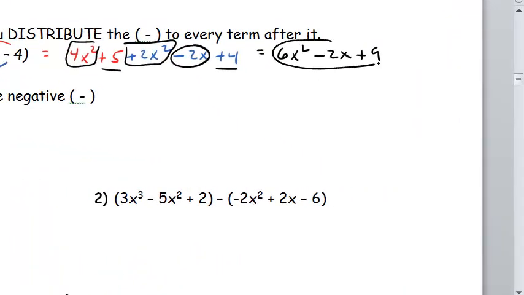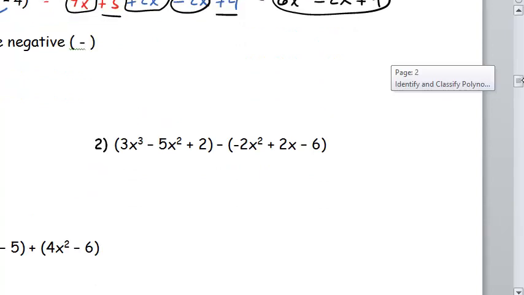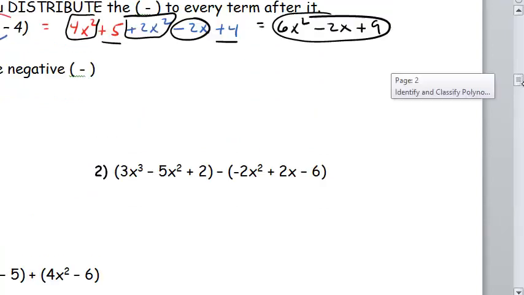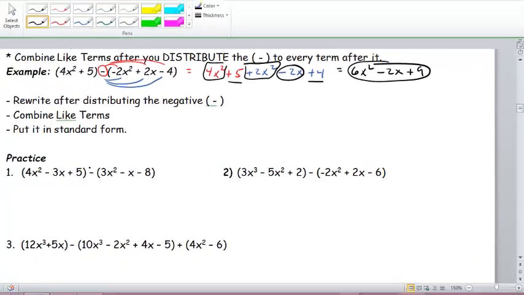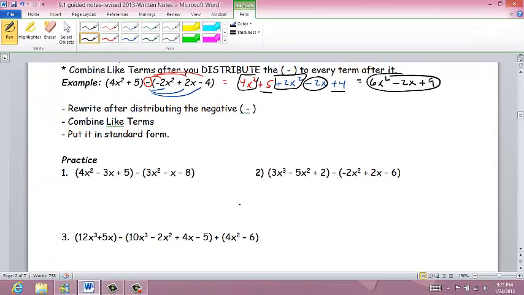And that is how we subtract polynomials. Remember, distribute the negative and then combine my terms. Anytime you do add or subtract polynomials, it's very important to remember to write your final answer in standard form. So, take a minute to try the next 3 examples on your own.